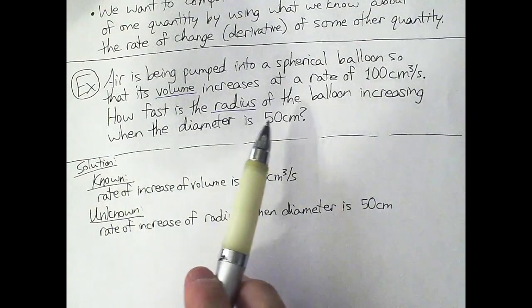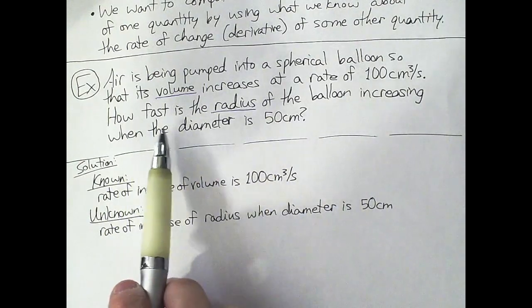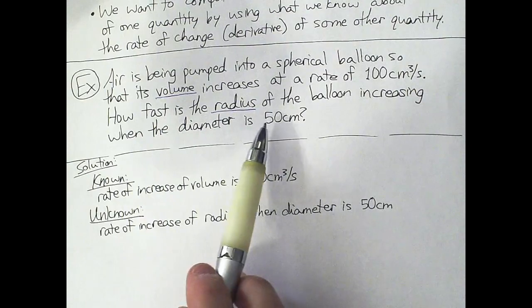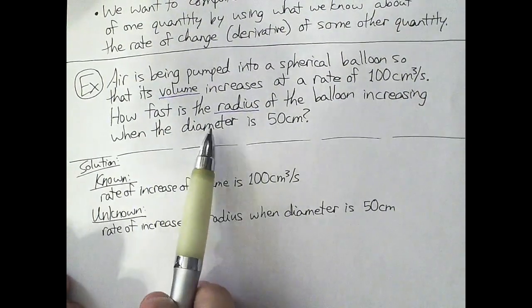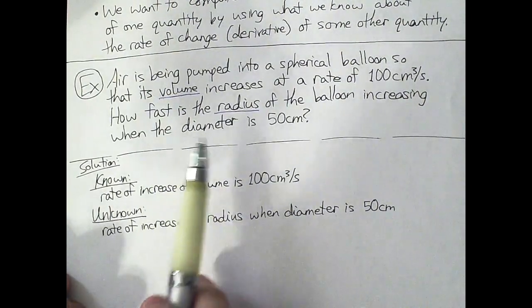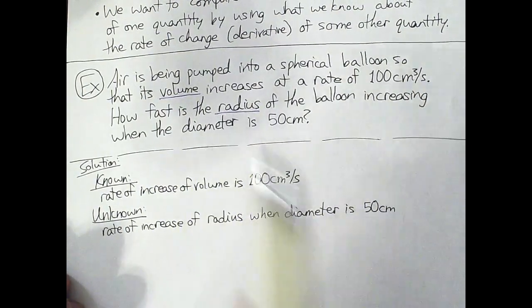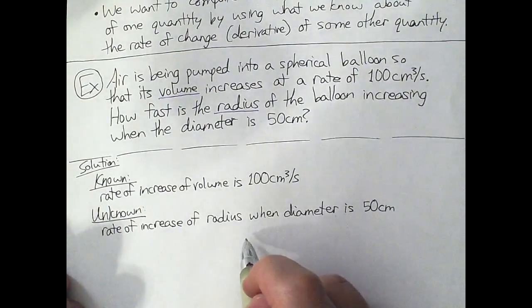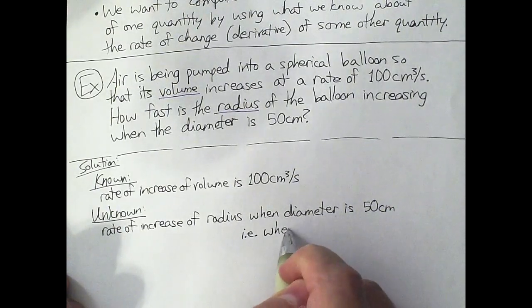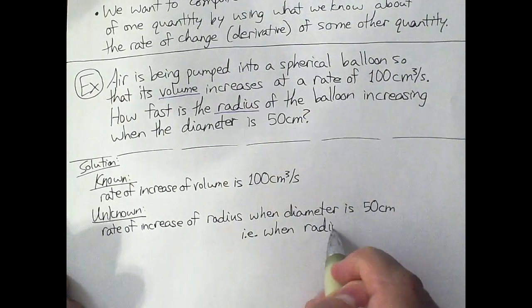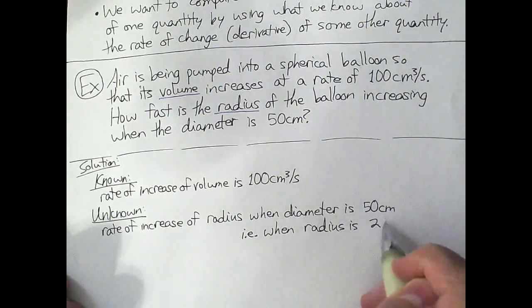Anyway, so yeah, that's why it has to tell us when we are interested in looking at the radius. It could have given us maybe a t value, but it didn't. It gave us when the diameter is 50 centimeters. And then you might say to yourself, wait a second, diameter. Let's be careful. Diameter is not the same as radius. So let's say, in other words, when the radius is 25 centimeters, right?